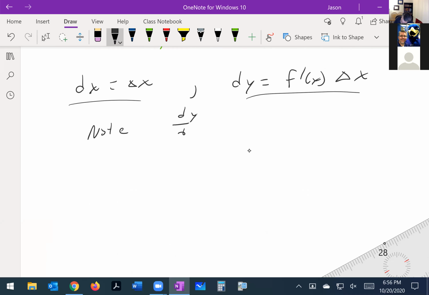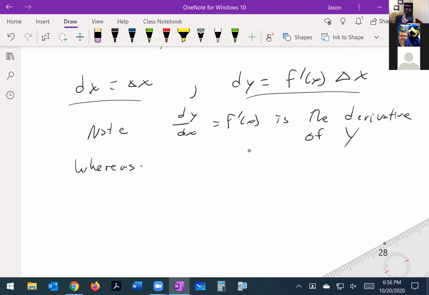dy dx equals f prime of x is the derivative of y, whereas dy equal to f prime of x delta x is the differential.